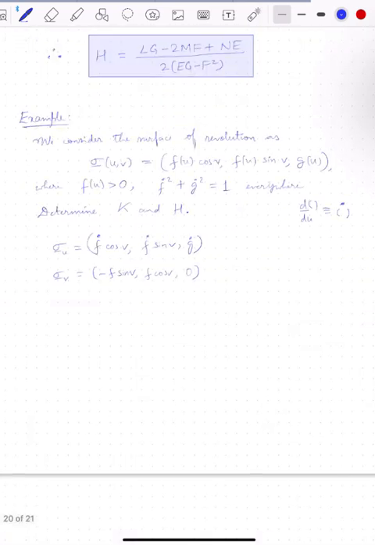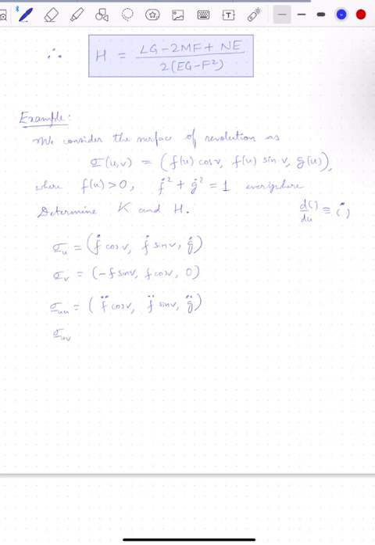So this is done. Now sigma uu is equal to f double dot cosine v, f double dot sine v, and g double dot, right?